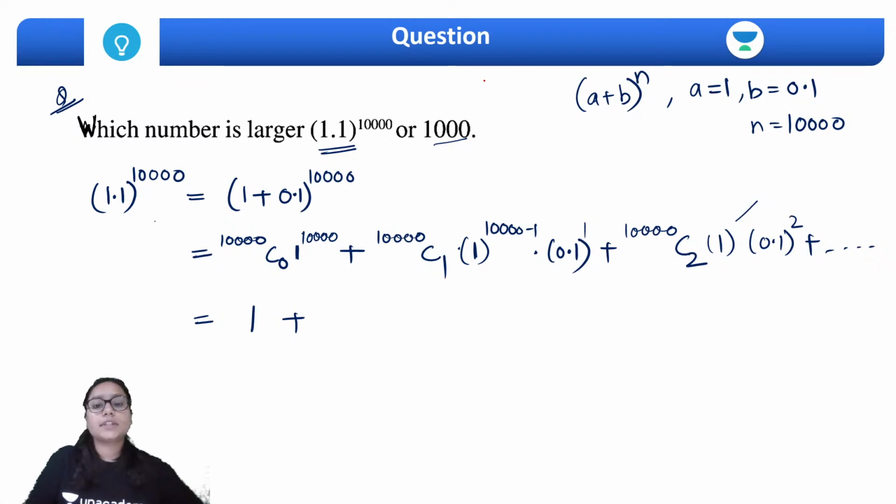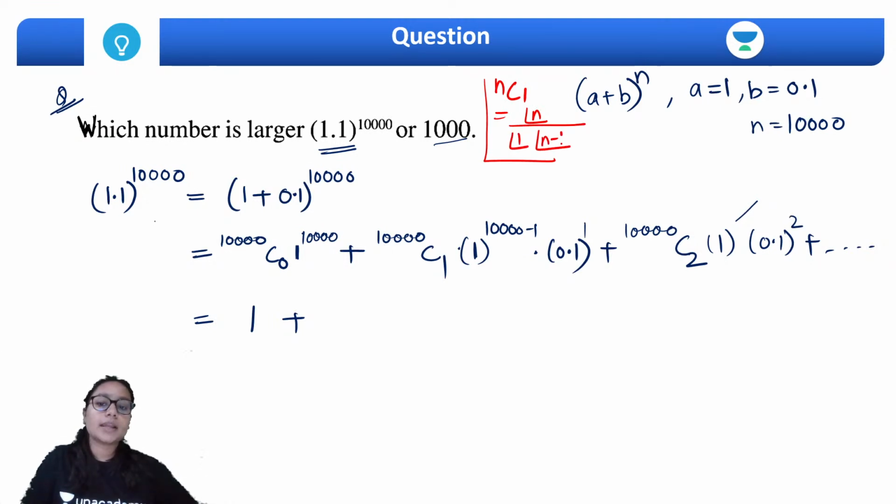Whenever we have NC1, let us find its value. This will be factorial n upon factorial 1 into factorial n minus 1, so this is equal to n always. The value of NC1 is always equal to n. Using this result, the value of 10,000 C1 is equal to 10,000.